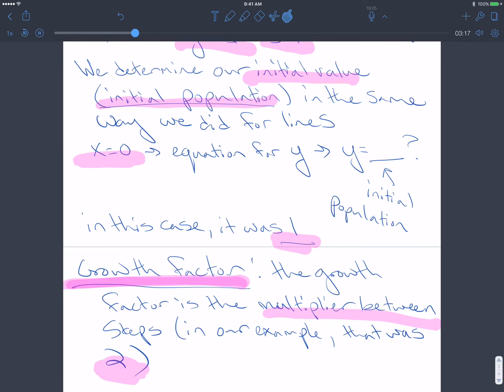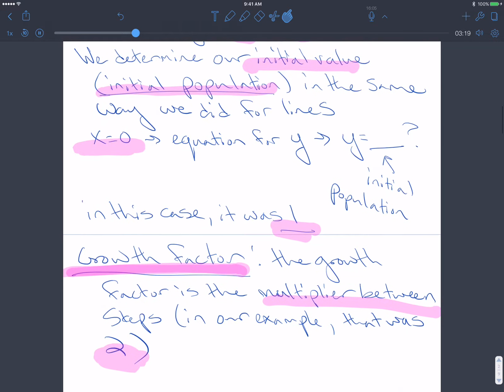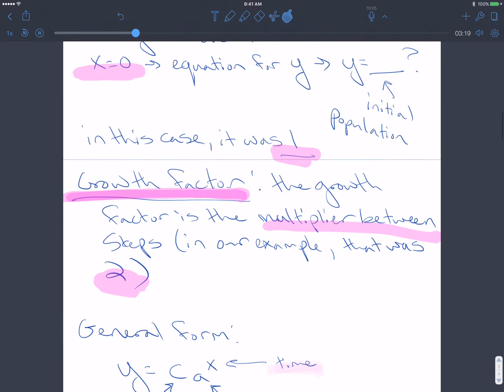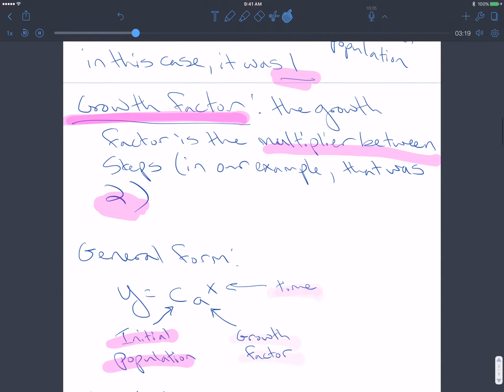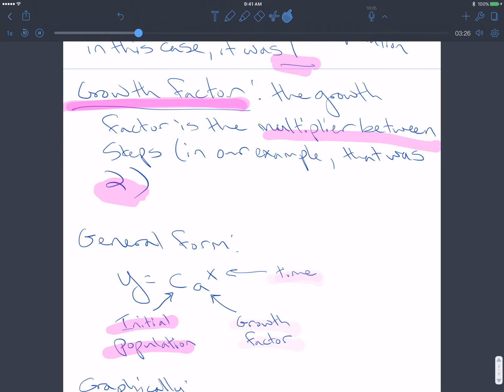Generally, when we substitute these into an equation, the initial population is your c value for y equals c times a to the x, and a is your growth factor. We consider x to be time or time intervals for how many times this population has, say, doubled in the case of our example. In general, it's going to be multiplied by a, whatever a is.